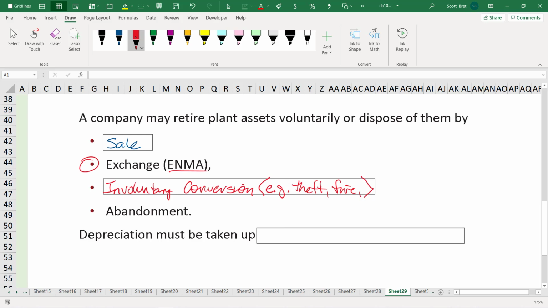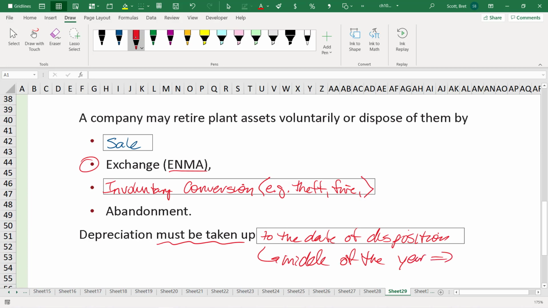Depreciation. If we dispose of PP&E, depreciation must be taken up to the date of disposition. So if we sell, say, in the middle of the year, then we have to take half a year's depreciation.